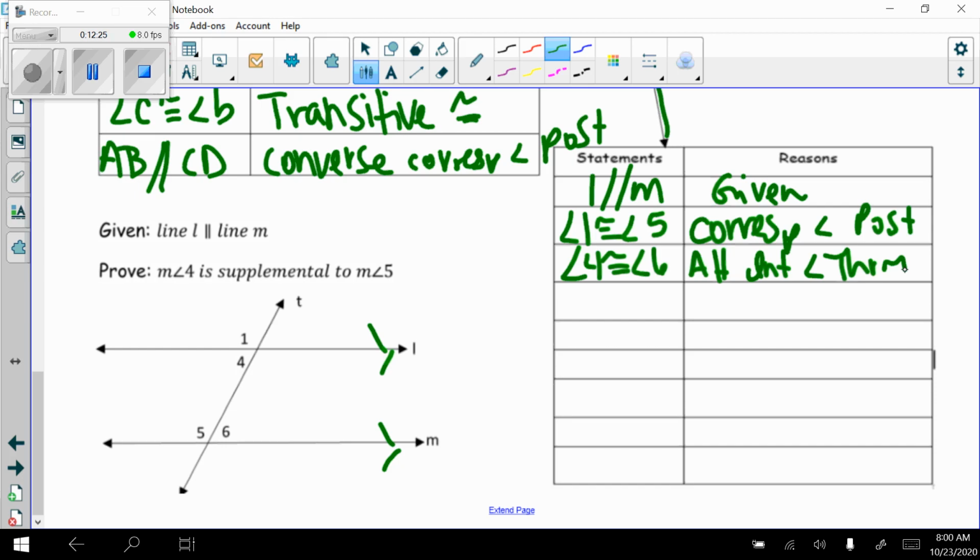So let's see. I could say that the measure of angle 1 plus the measure of angle 4 equals 180 degrees by the linear pair postulate, right?